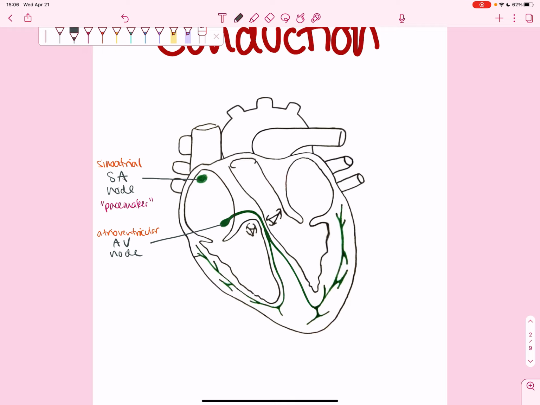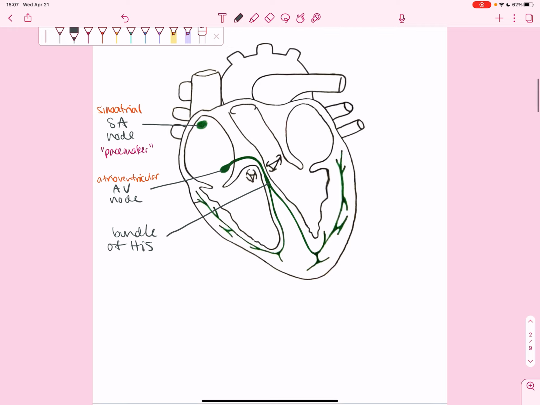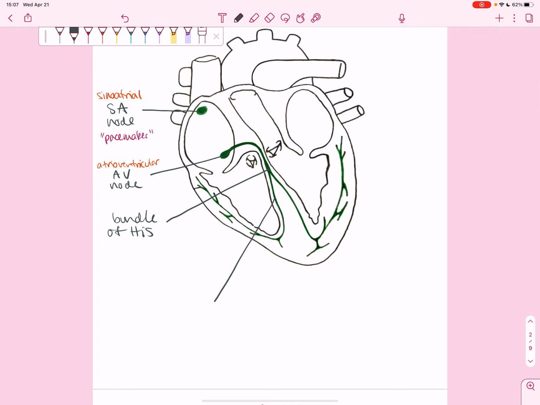Then we have the bundle of His right here. Bundle of His is capitalized, don't really know why, but it is. And then we have both of these, moving down. These are the bundle branches.